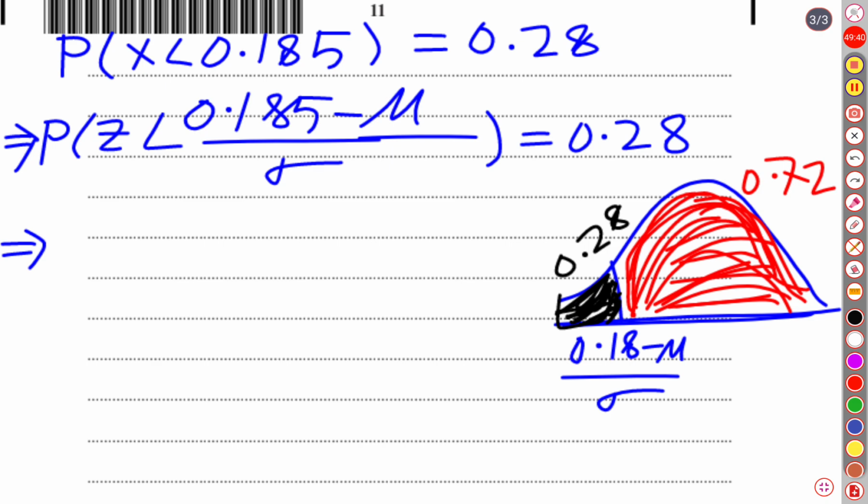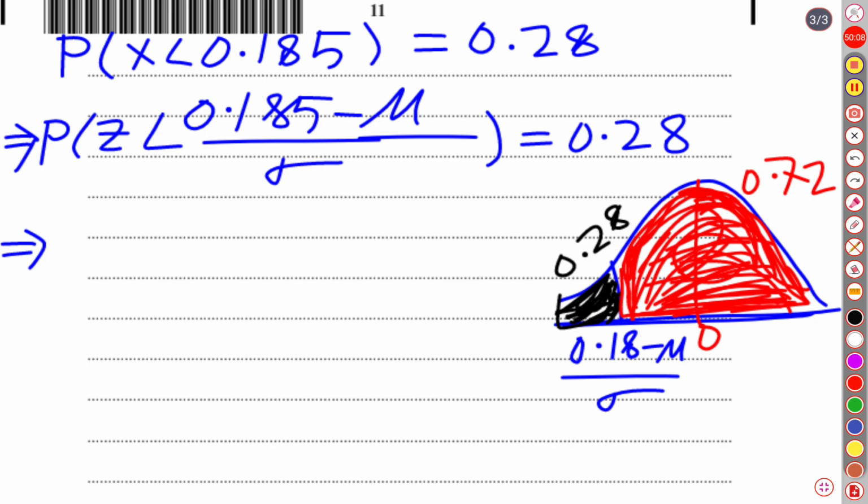So we know that we always find the corresponding z score of the larger portion. For the larger portion, we have already decided that our probability is this tiny black shaded part, lying relative to the mean value. Look at this, the mean value is here, it is 0 over here.